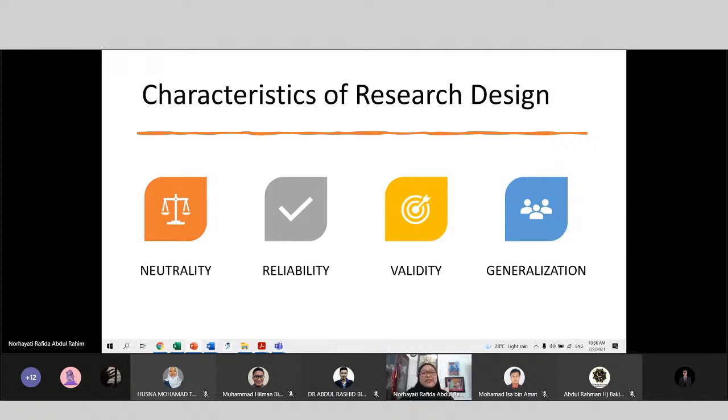And then validity, because in research design, we show the readers how we validate our data. And then generalization, how the whole plan that we have for our research can answer the objective of your research. Okay.